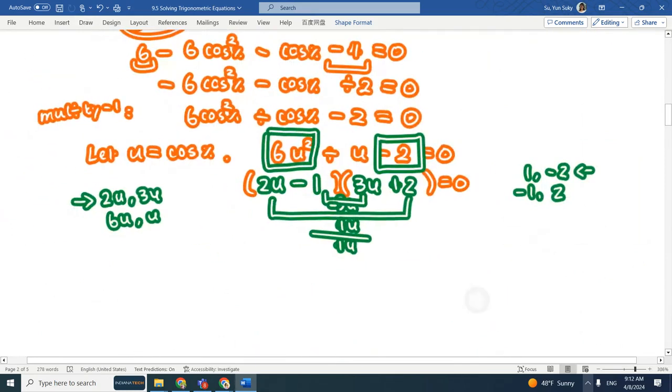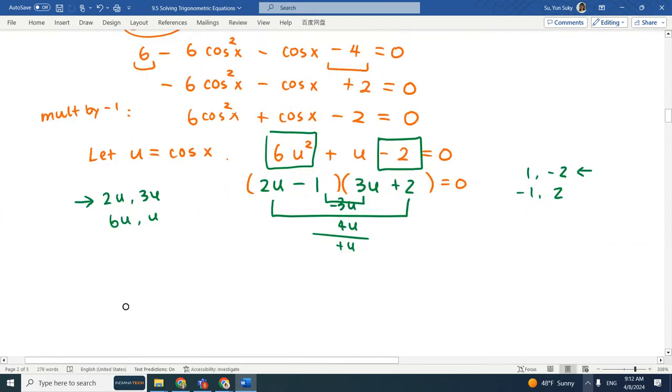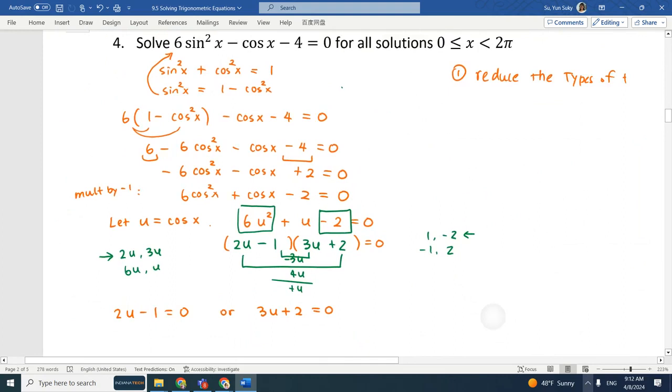We have the product of two factors equal to 0. Then we say the first factor is 0 or the second factor is 0. Is that okay, everybody? The product of two factors is 0. It means either the first factor is 0 or the second factor is 0. Let's solve for u.